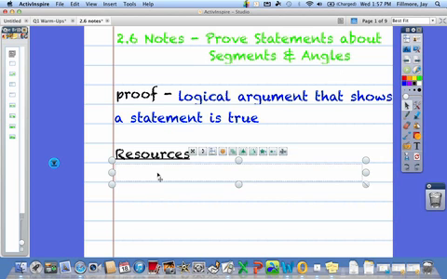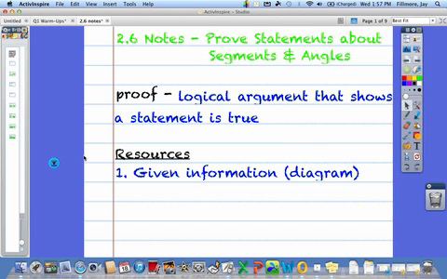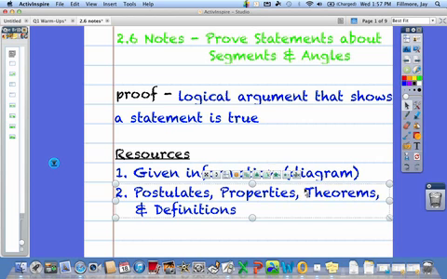A couple of resources that we usually use: one is given information, usually in the form of a diagram or in the form of a statement. This is evidence that we use in order to prove that something is true using our logical argument. The second resource we use, and both are very beneficial, is postulates, properties, theorems, and definitions. Anything we've covered up until this point in time is fair game to use in a proof.